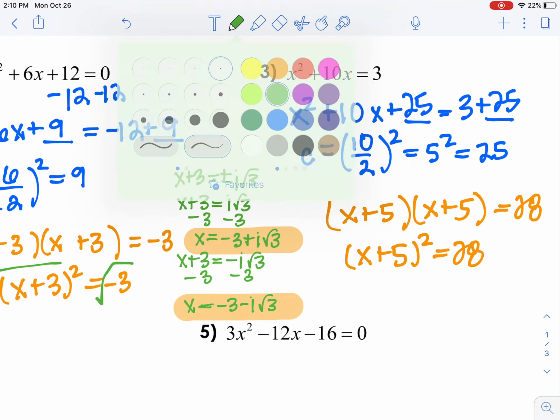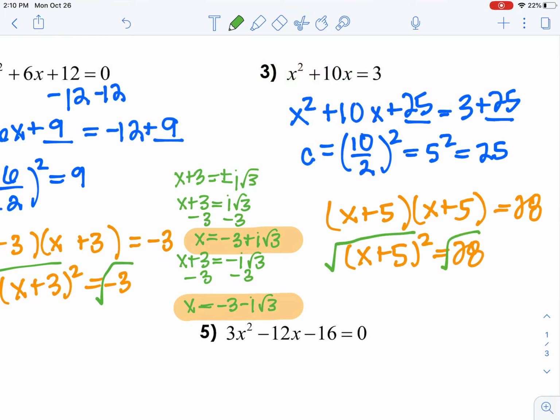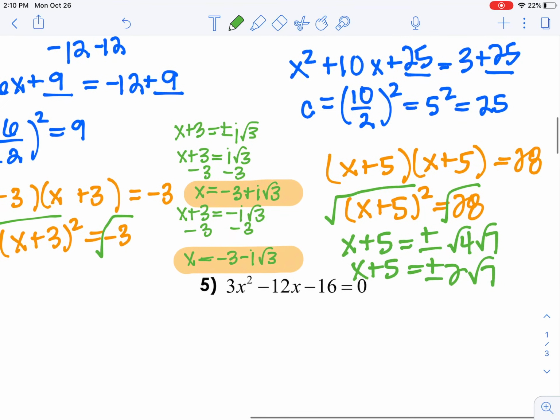Now we can solve by taking the square root, which gets us x plus 5 equals plus or minus. Now the perfect square that goes into 28 is 4. So we get 2 radical 7. Now when we write our equations, x plus 5 is positive 2 radical 7.